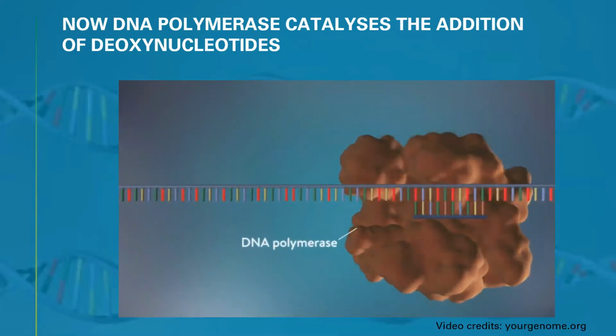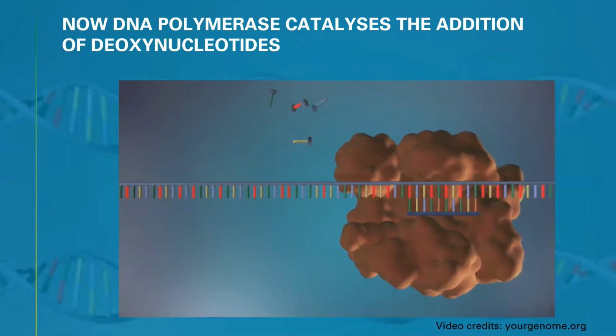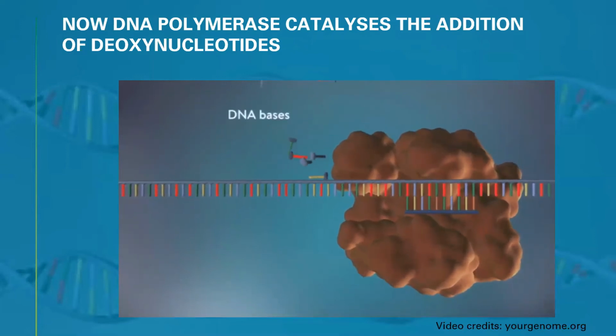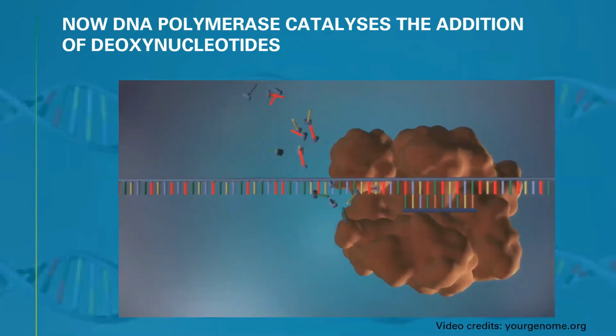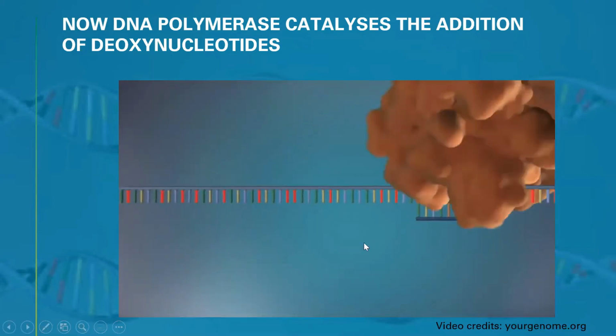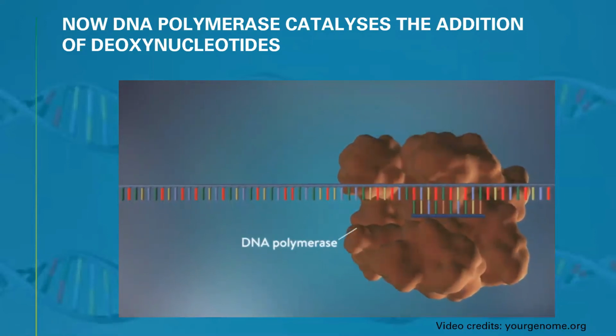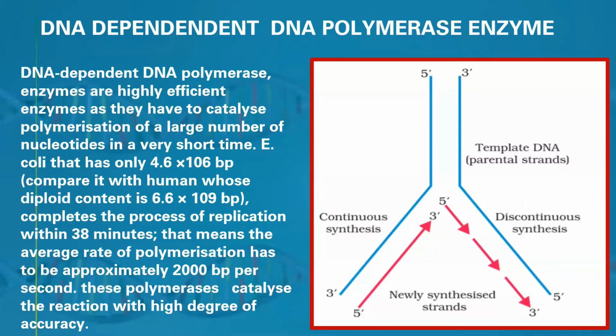Now comes the function of DNA polymerase. It catalyzes the addition of deoxynucleotides on this primer. Can you see that it is attached on the primer? A very important property of this DNA polymerase is that it can catalyze only in one direction, that is 5' to 3'.